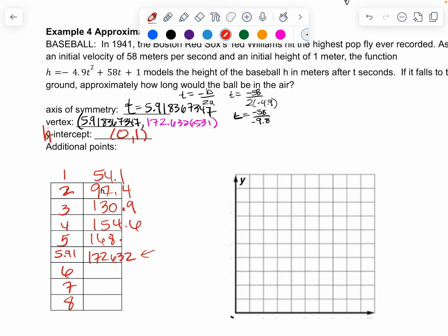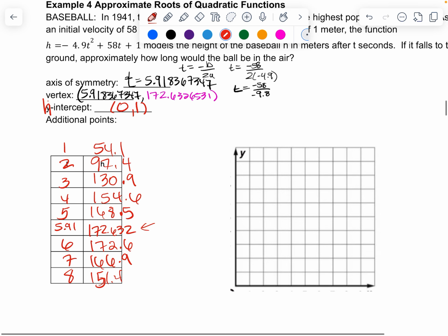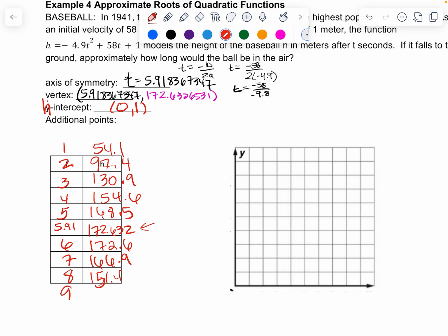And we get 168.5, and go in and put a 6 in, and get 172.6, go in and put a 7 in, and get 166.9, put an 8 in, get 151.4, put a 9 in, 126.1.